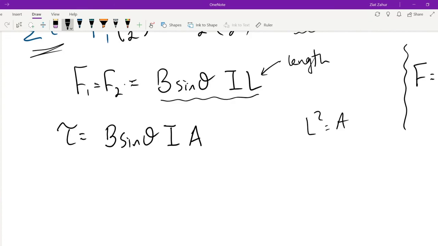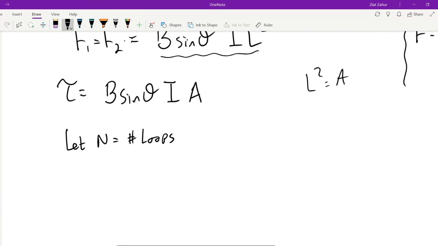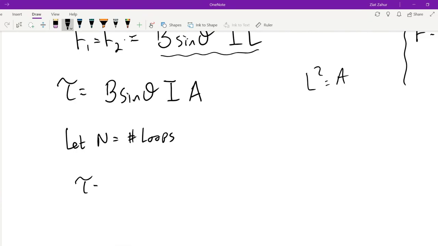And so to increase our torque, to make it turn faster and faster, we can just have multiple loops instead of just a single loop. So let's go ahead and multiply this by N. Let N equal number of loops, hashtag loops. And therefore, your tau would be equal to N times all of this.